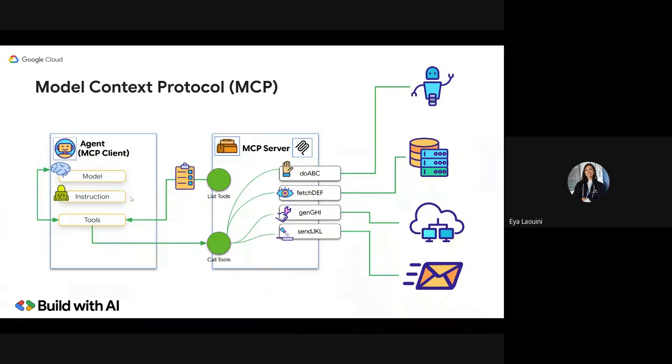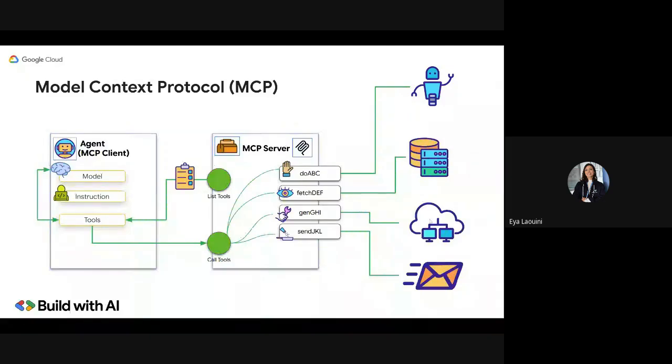For example, we have an agent, we have the brain of the agent, which is the model. We have some instructions that the agent should follow, and we have the tools that the agent can connect to. To call those tools, we need an MCP server. We need that protocol to make the connection between the agent and those tools.